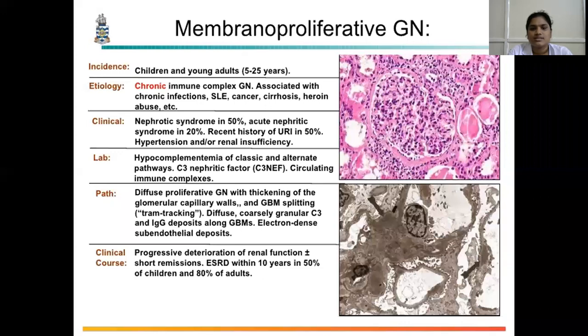As I said, C3 nephritic factor and circulating immune complexes are the lab findings. Pathology shows diffuse proliferative changes with thickening of the glomerular capillary walls. Diffuse coarsely granular C3 and IgG deposits are seen along the basement membrane. End-stage renal disease may develop within 10 years in 50% of the children and in 80% of the adults.